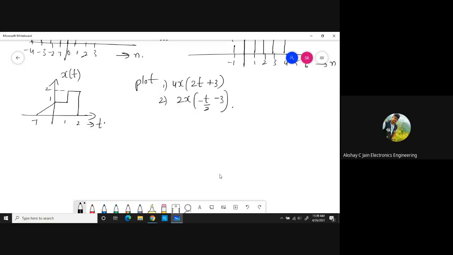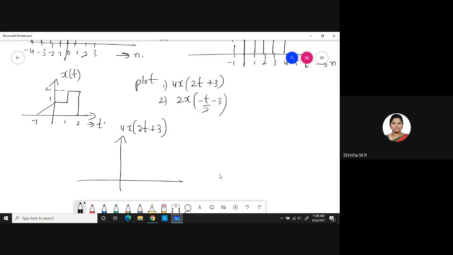Okay. So for 4 into x of 2t plus 3, and minus t by 2 minus 3 you have here. So we have 4 into x of 2t plus 3. From where to where will the signal exist? First one.